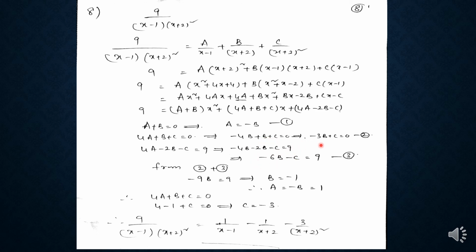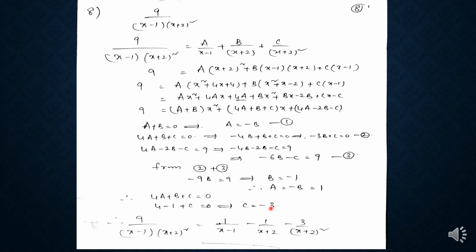So by solving these two equations, adding 2 plus 3, we will get minus 9b is equal to 9 and b is equal to minus 1. So a is equal to minus b, that means a is equal to 1. So c is equal to, by substituting in this equation, 4a plus b plus c is equal to 0, 4 into a is equal to 1, 4 minus 1 plus c is equal to 0. So c is equal to minus 3.